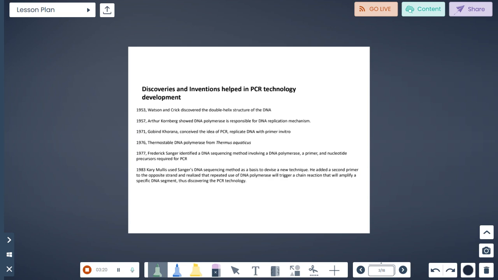So what are the discoveries which helped in the development of PCR technology? As you know, Watson and Crick discovered that DNA is double-stranded. Arthur Kornberg purified an enzyme called DNA polymerase, which is responsible for the DNA replication mechanism.